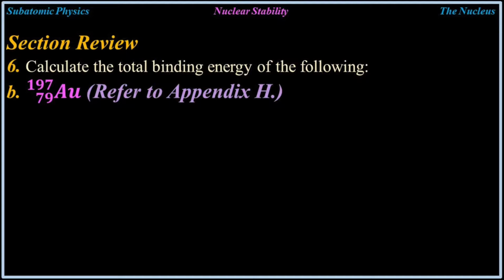Calculate the total binding energy of the following. Gold 197, refer to Appendix H. There's gold 197, and the A and the Z. The Z is 79, and the A is 197.